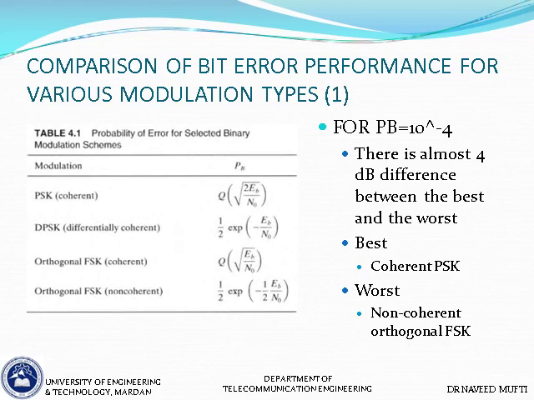For example, if you have a channel with a lot of fading, a non-coherent system may be more suitable, because in such situations you might find it hard to establish and maintain a coherent reference between the local oscillator and the transmitter oscillator. So just remember that there might be other considerations. However, when we compare these selected binary modulation schemes based on the expression for probability of error, we will go for coherent PSK.